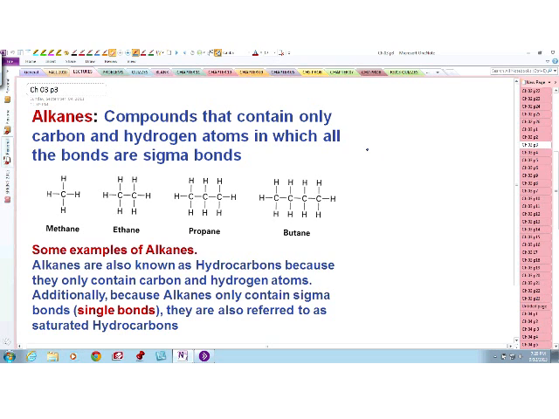Excellent. In other words, alkanes are compounds that contain only carbon and hydrogen atoms in which all the bonds are sigma bonds. All the bonds in alkanes are single bonds. We also refer to alkanes as hydrocarbons, because they only contain carbon and hydrogen.